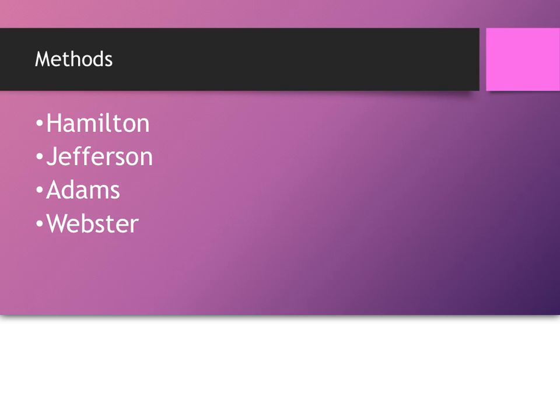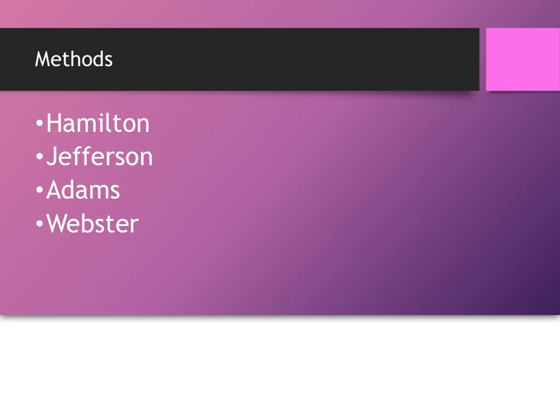So we are going to look at 4 different methods of how to deal with this fractional problem and how to get rid of it. And these methods are the Hamilton method, the Jefferson method, the Adams method, and the Webster method.